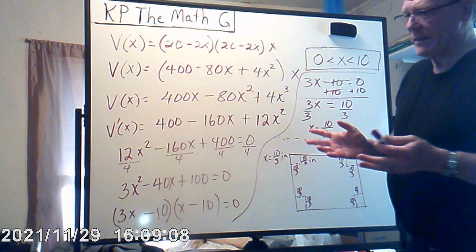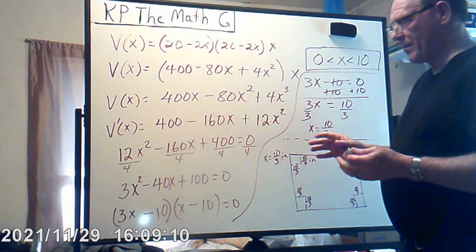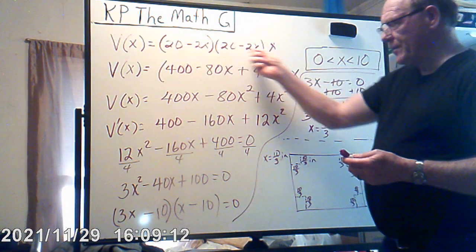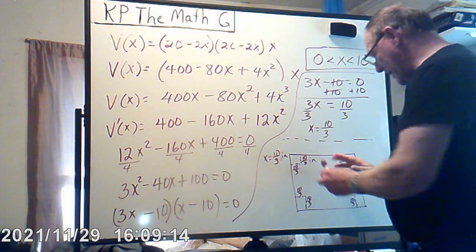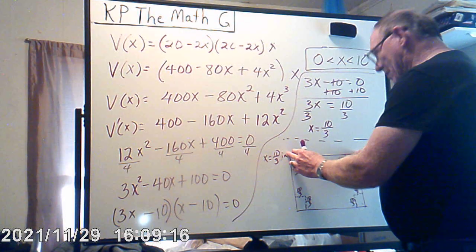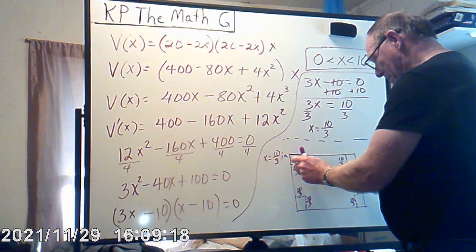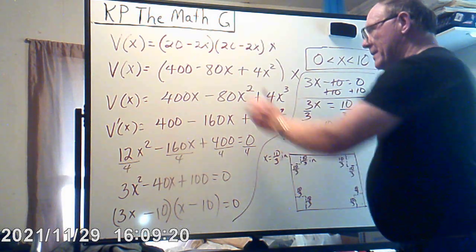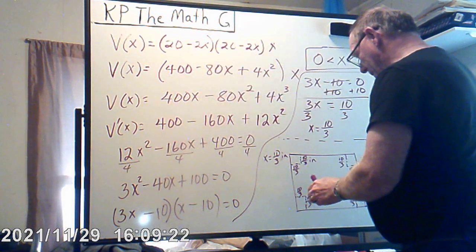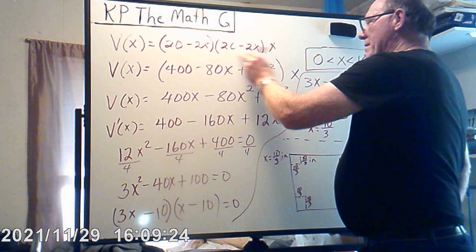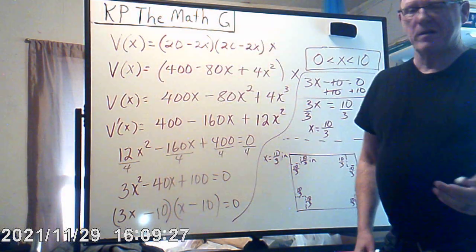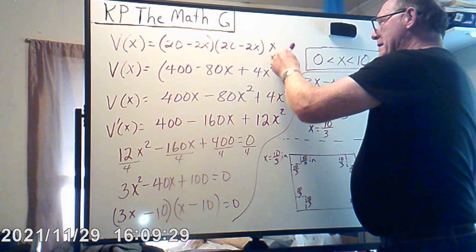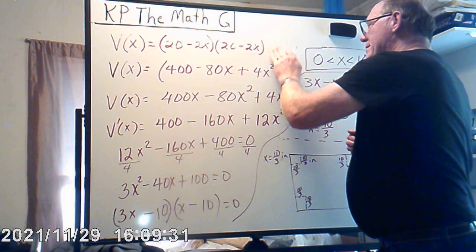Once again, just remember that you have to learn how to set this up. 20 minus the 2x's here is 1 length here, okay? And then 20 minus 2x, since it's a square, and then the height is just x. Alright, there it is, right there.